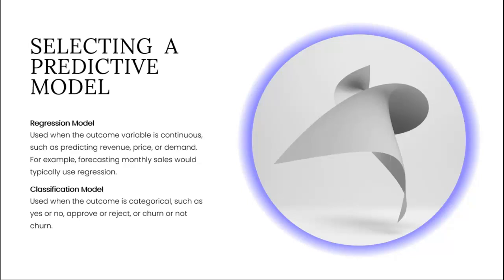The choice depends on the nature of the business question and the type of outcome you are trying to predict. Use regression to predict how much or how many. Use classification to predict if something will happen.